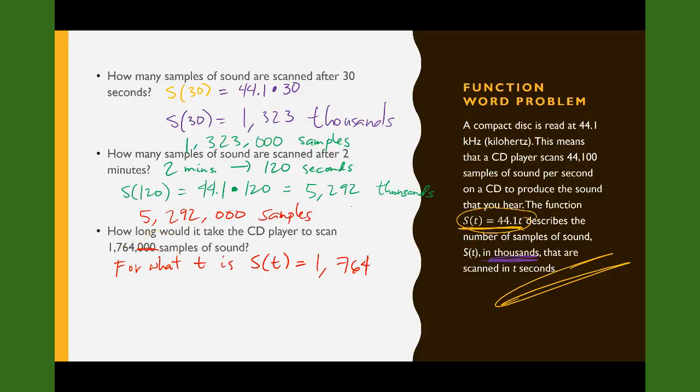And to solve this, we know what S of t is equal to. We can go back here, 44.1 t. So we do 44.1 t equals 1764, and then we divide both sides by 44.1.